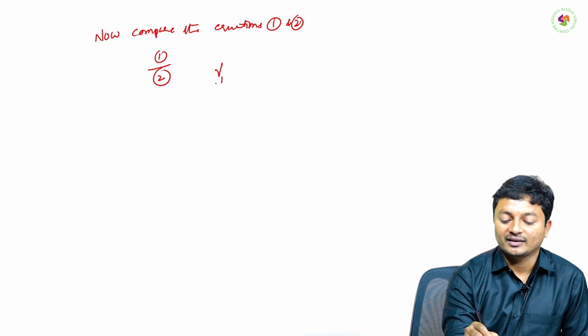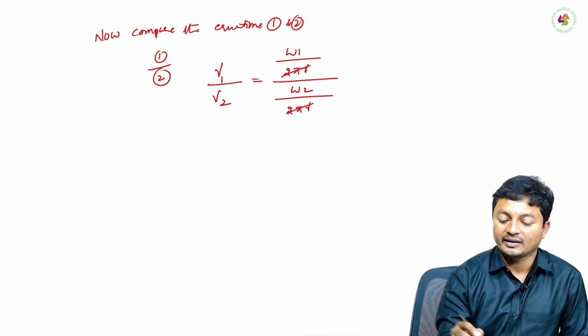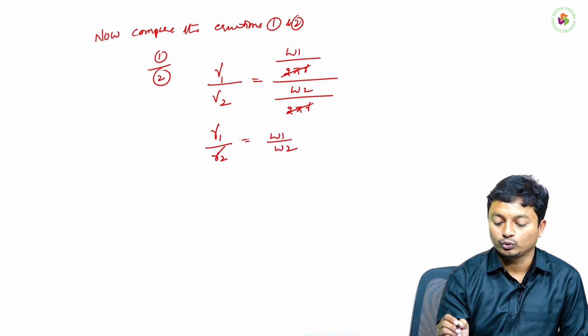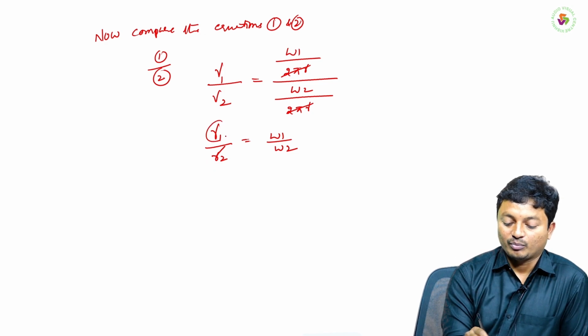This can be written as gamma 1 divided by gamma 2 is equal to W1, with 2 pi r getting cancelled, gamma 1 upon gamma 2 is W1 upon W2. So we need to calculate the surface tension of sample 1.